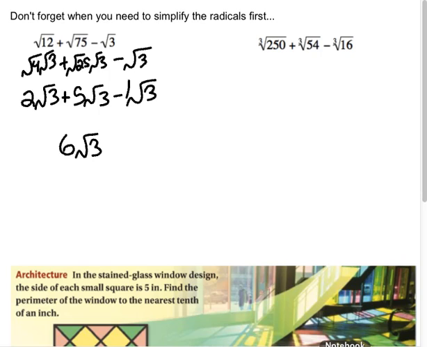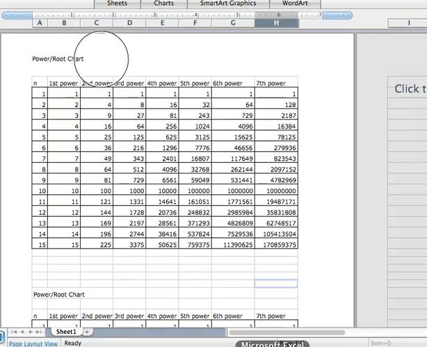And it even works when you're dealing with cube roots as well. So let's take a look at that. 250. Now if I'm focusing on cube roots, 250, I think pretty quickly your eyes will be drawn to 125. 250 divided by 125 leaves you with 2.